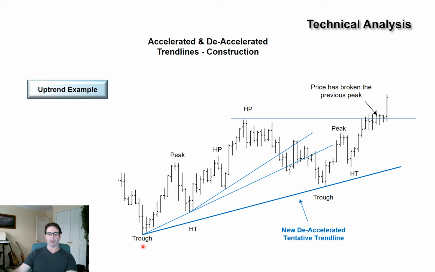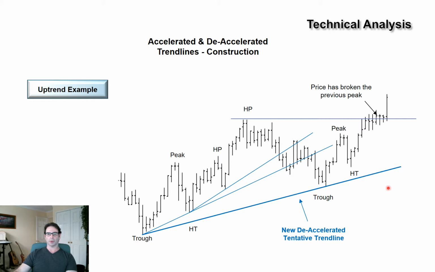So anchoring it back at the trough here, and at the higher trough here, we can now place our deaccelerated trend line. But only when price has broken the previous peak here, continuing the trend. Until it's broken this point here, we can't draw the deaccelerated trend line.